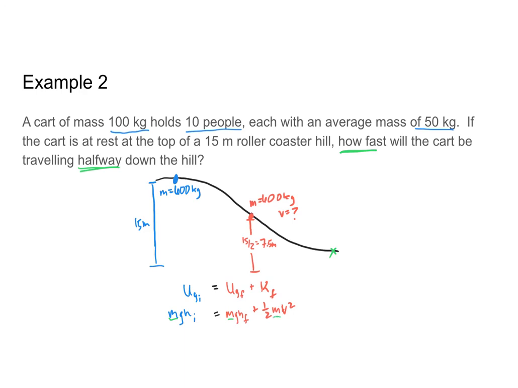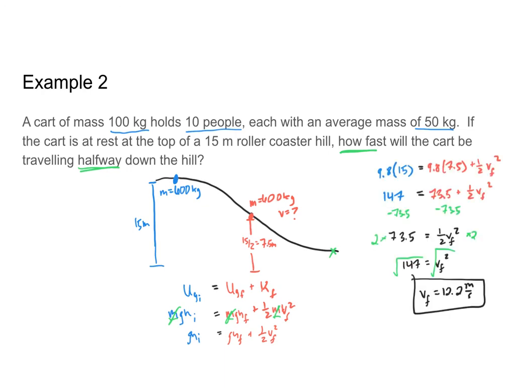So if I divide this whole thing by mass, it will cancel out in all 3 of my terms, giving me g times my initial height is equal to g times my final height plus 1/2 times my speed squared. So what I'd like you to do is take a moment, pause the video, and see if you can finish solving the problem.